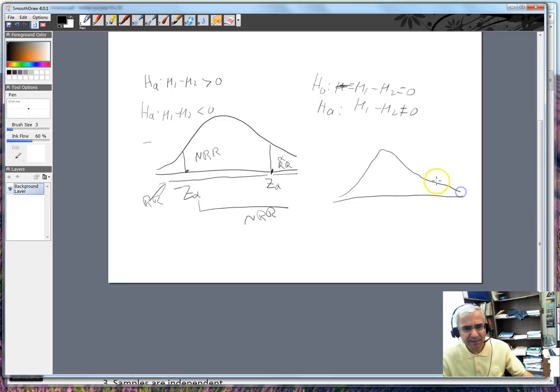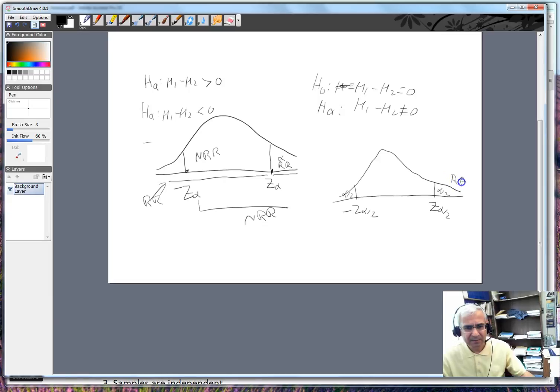This is not easy to graph with this tablet. So my region here is going to be split into 2 points. In the upper tail I have Z alpha over 2, and in the lower tail I have negative Z alpha over 2. So this area would be alpha over 2, and this area would be alpha over 2. So my type 1 error splits into both areas.